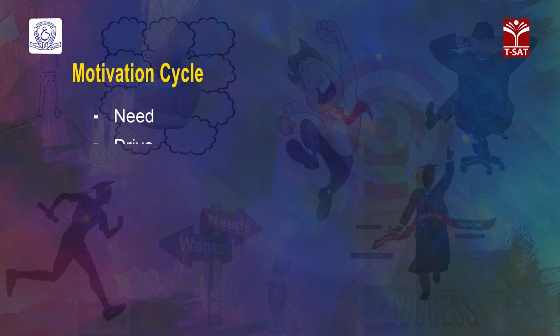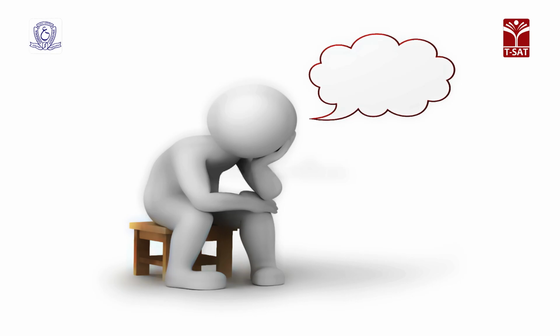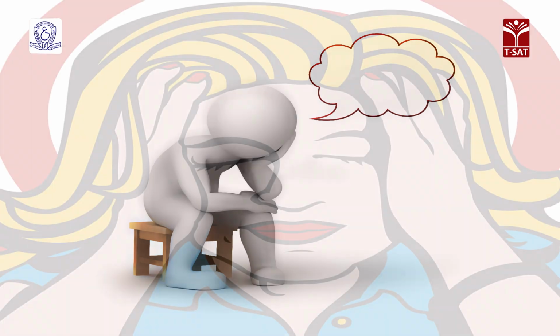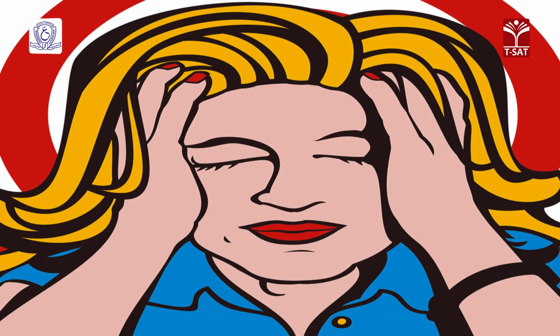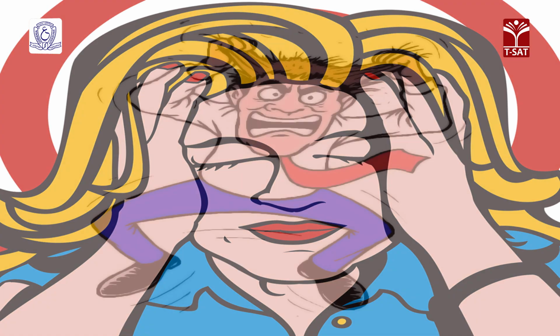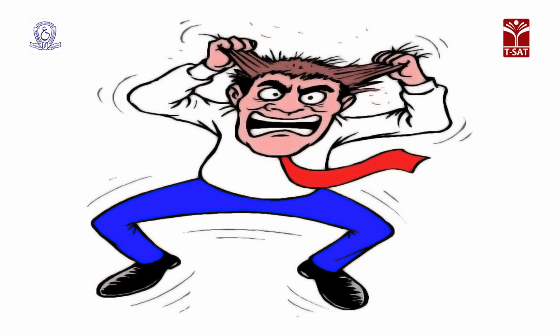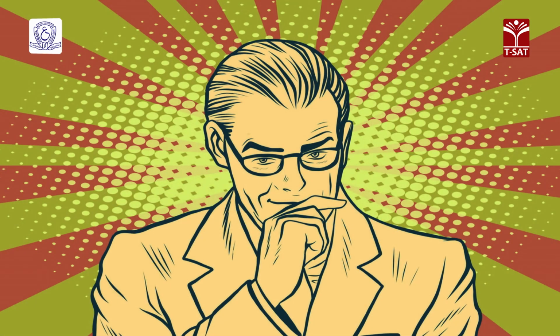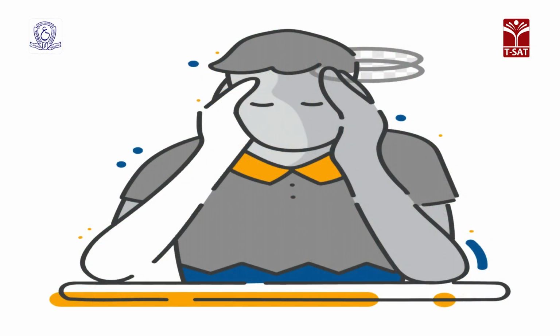Now, what is the second concept in the motivation cycle? That is drive. Need leads to drive, which is the second step towards achieving goal. Drive can be defined as the state of tension or arousal produced by need. The drive can also be considered as the original source of energy that activates an organism.